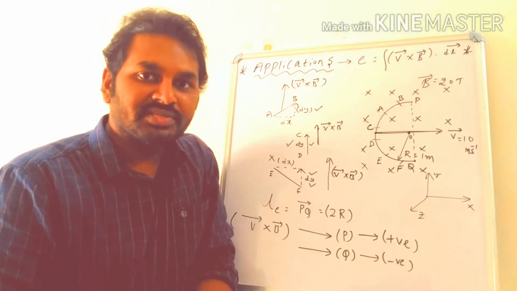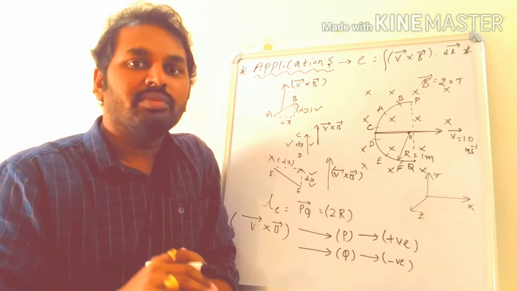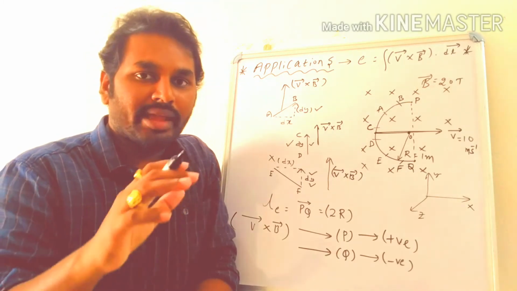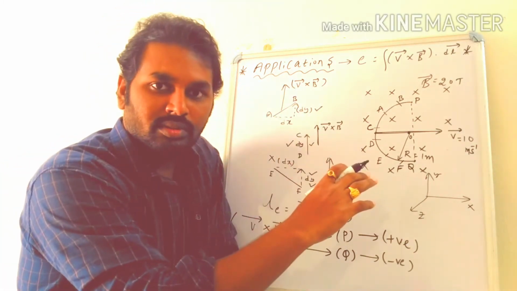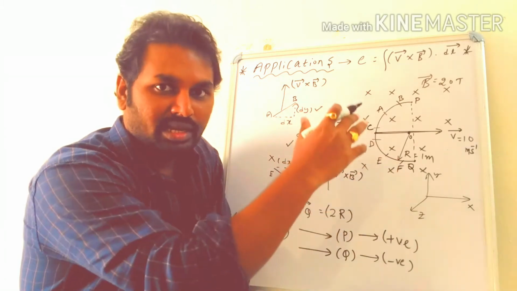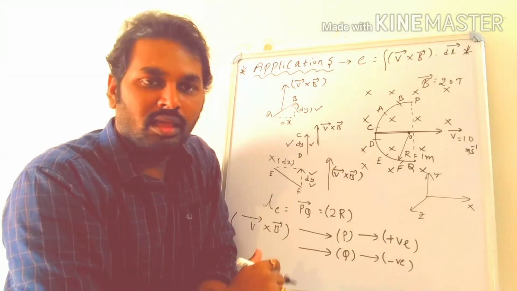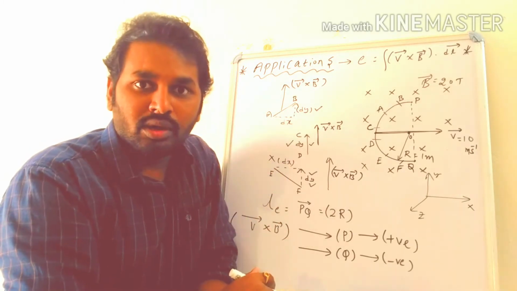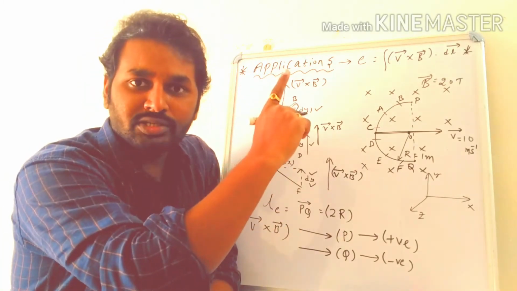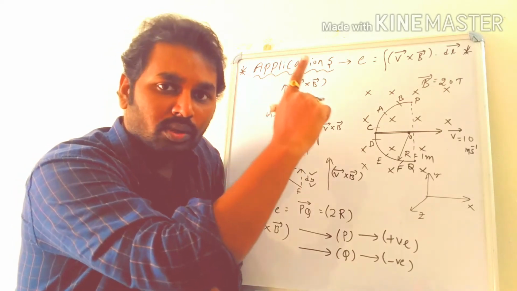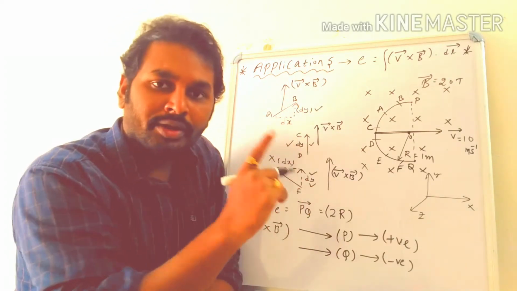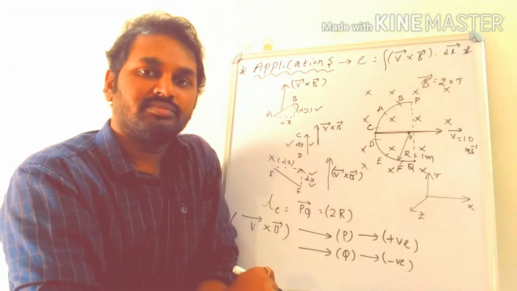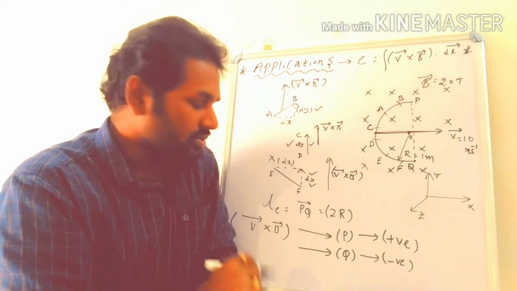Most questions in examinations are like this: the magnetic field is into the board, the conductor is placed vertically inside the magnetic field and it is moving along the positive x-axis. Now, at the top point you will always get positive and at the bottom point always negative. Is it okay? Right.